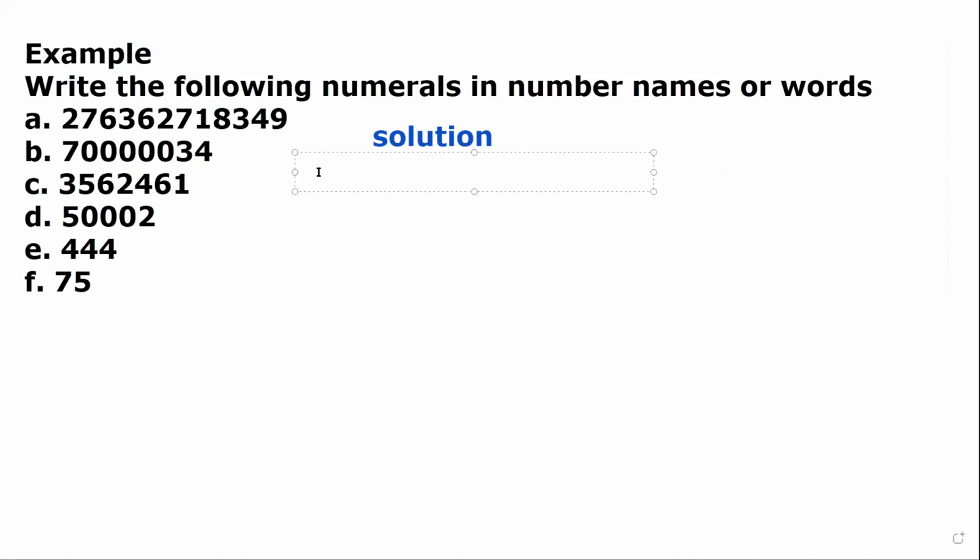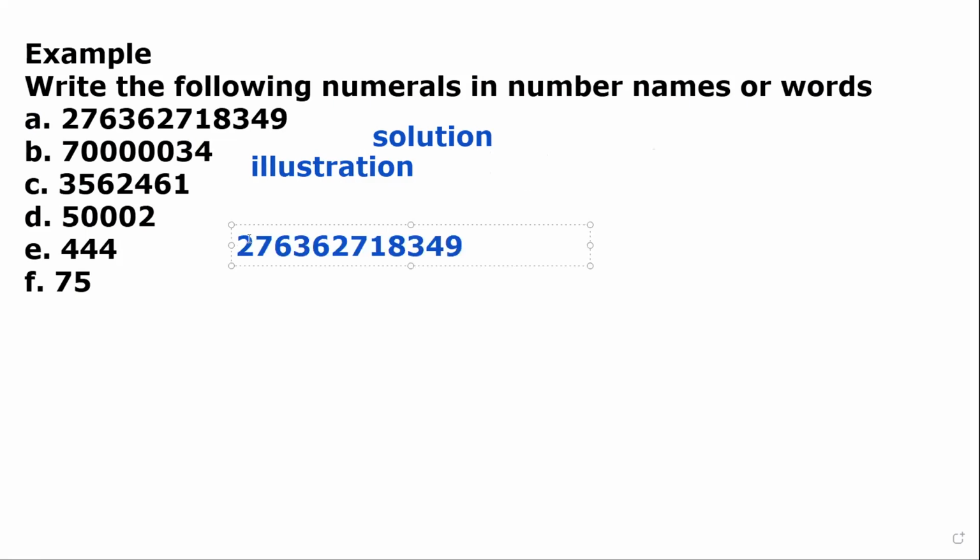Then you write your illustration. So the numbers, going to separate them.